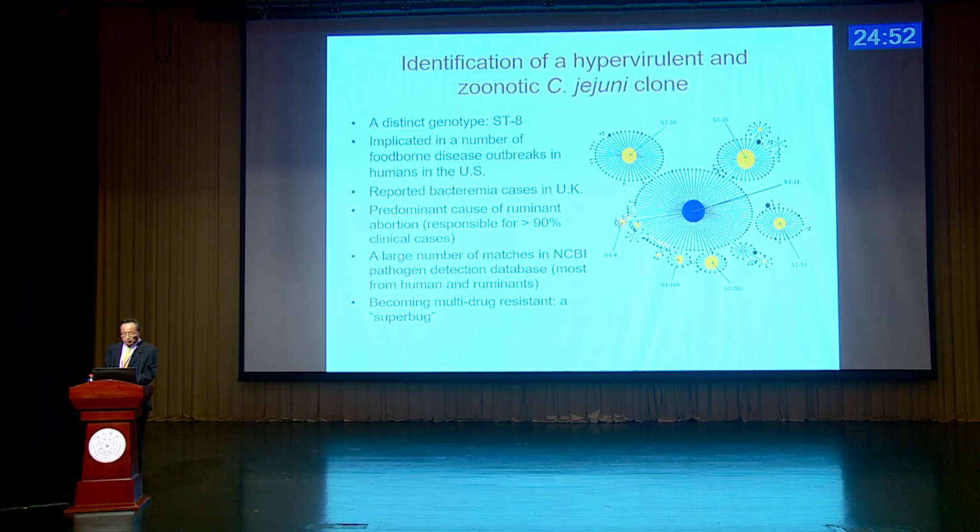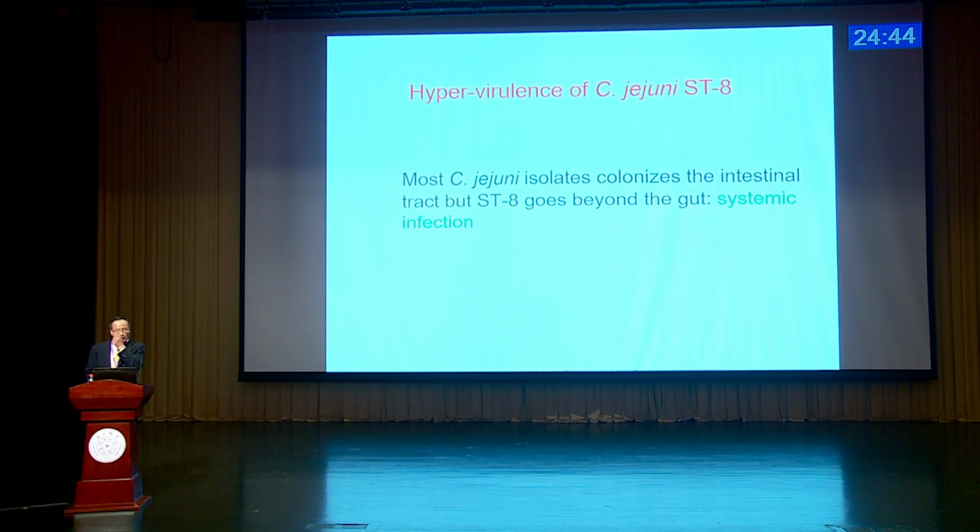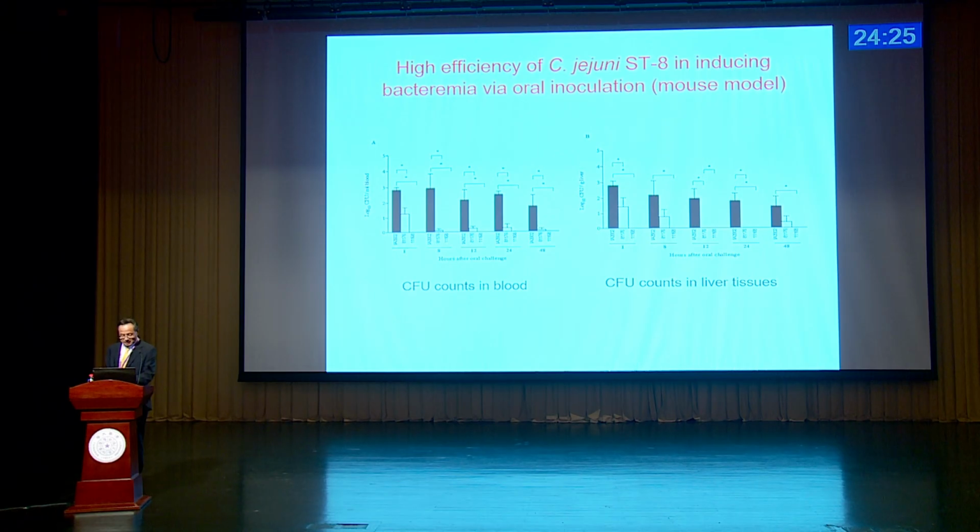This clone is not only hypervirulent, but is also becoming multi-drug resistant to multiple antibiotics. Again, most Campylobacter jejuni would colonize the gut as a local colonization, but a small number of strains are able to invade and cause systemic infections. ST8 is one of them.